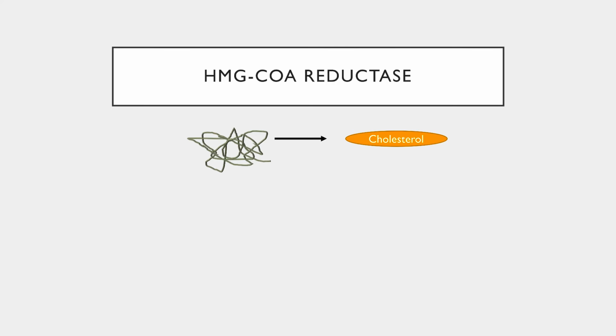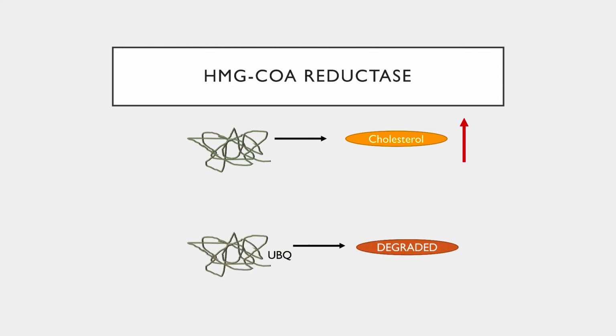And as cholesterol levels within the cell elevate, this elevated cholesterol will trigger the ubiquitination of HMG-CoA reductase, and ubiquitin will target the enzyme directly for degradation. So the increase in this example of our product will directly target the enzyme for degradation and thereby reduce the enzyme concentration within the cell.